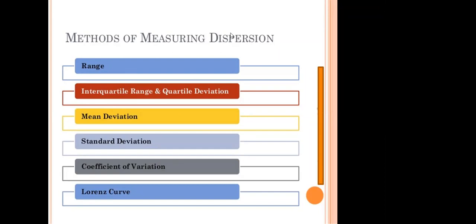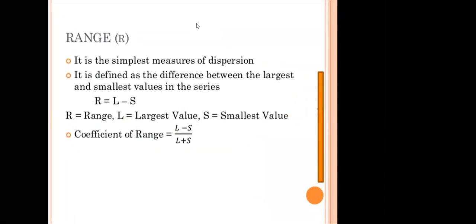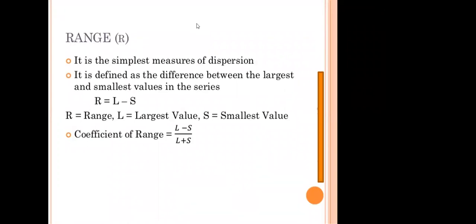So first of all, range. What is the range? The range is the simplest measure of dispersion. It is defined as the difference between the largest and the smallest value in the series. R, the range, is equal to the largest value minus the smallest value.